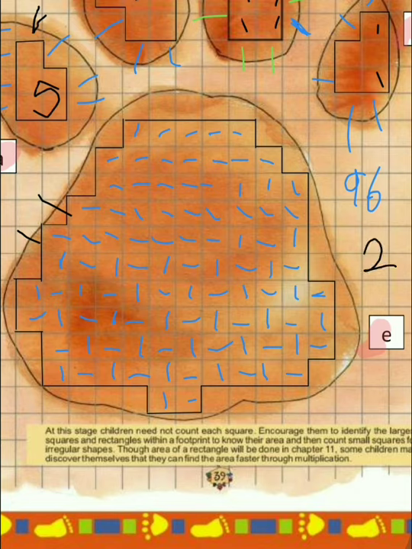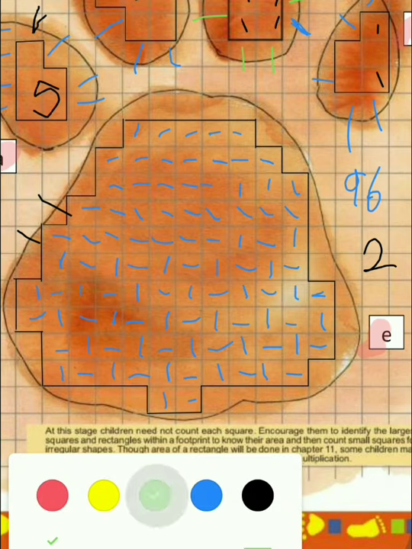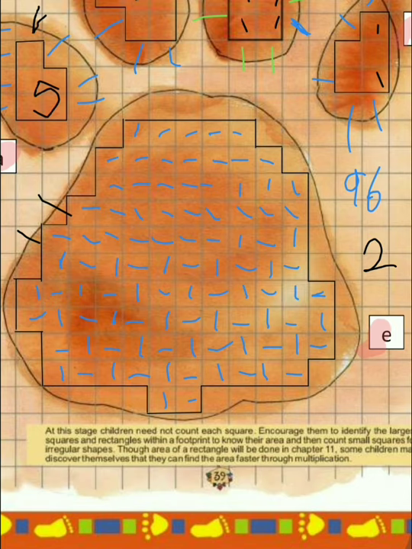And now the last one, more than half squares. We will start here: 1, more than half, 2, 3, 4, 5, 6, 7, then 8, 9, 10, 11, 12, 13, 14, 15, 16, 17, 18, 19, 20, 21, 22, 23 and 24.